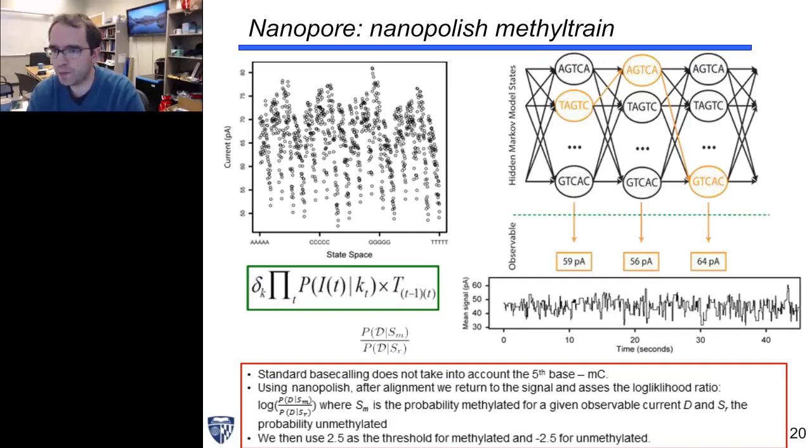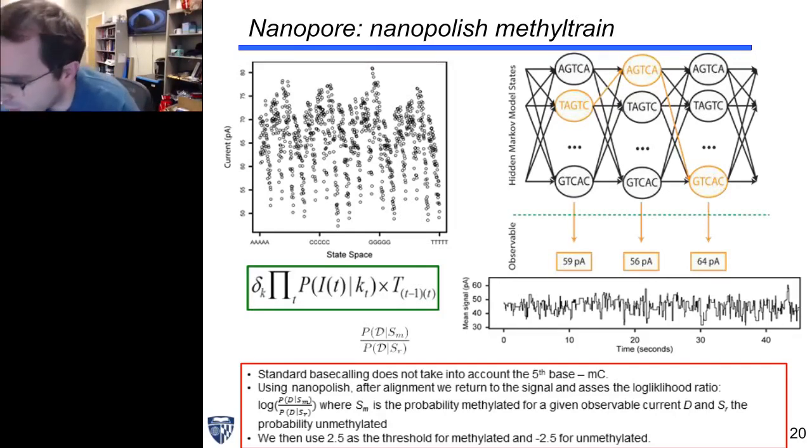You then have to end up with either AGTCA, AGTCC, AGTCG, etc. And so you have a guess at what this has to be, and then you also know what the current has to be. So you can combine those two probabilities to maximize the joint probability, and you can trace the most probable path through this hidden Markov chain to figure out what the right answer must be.